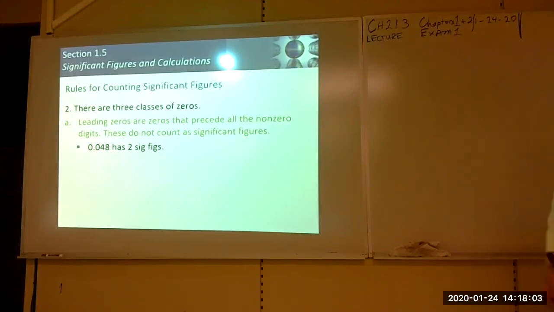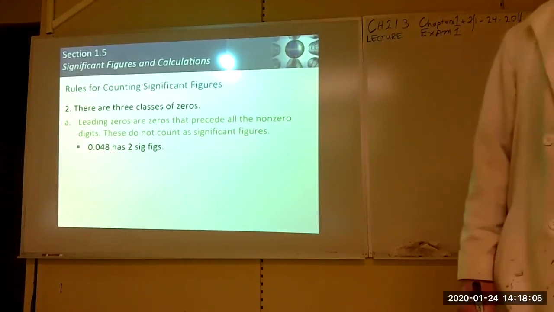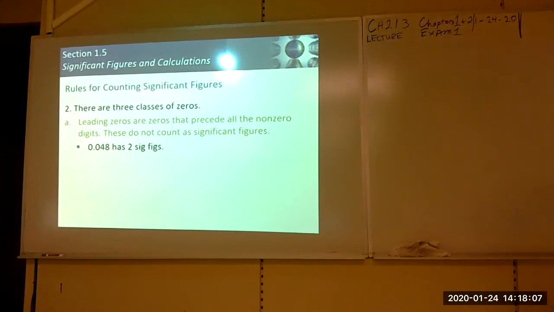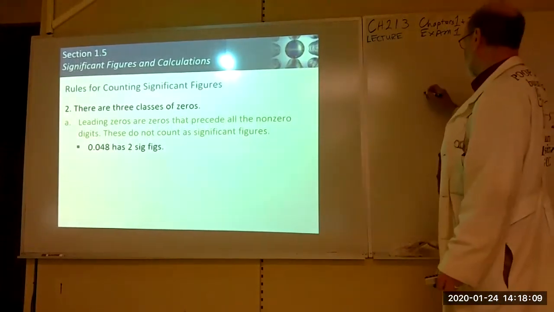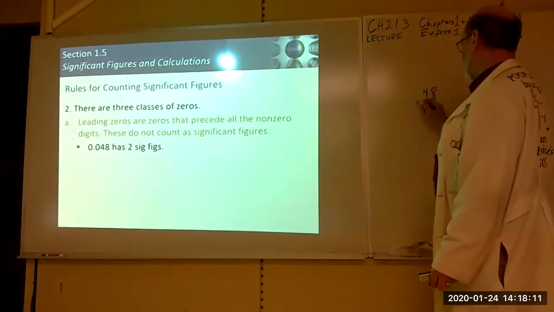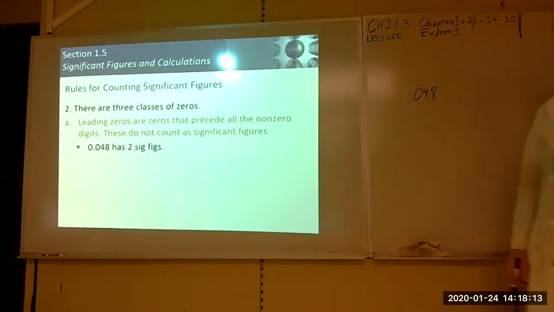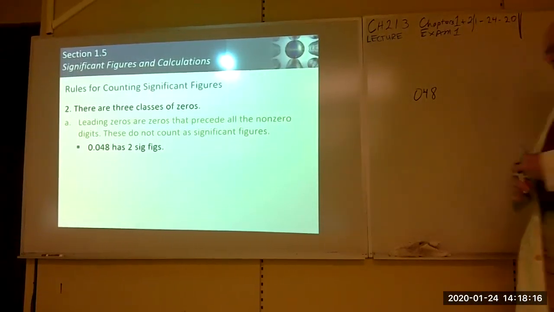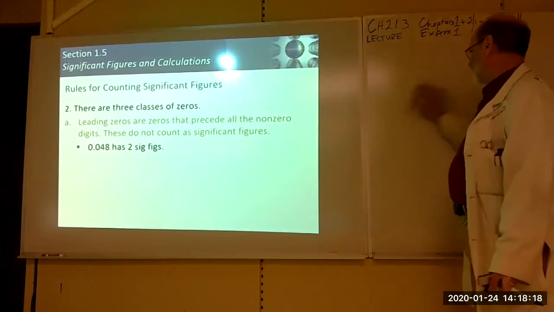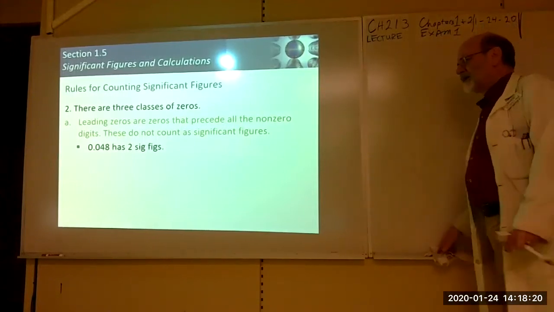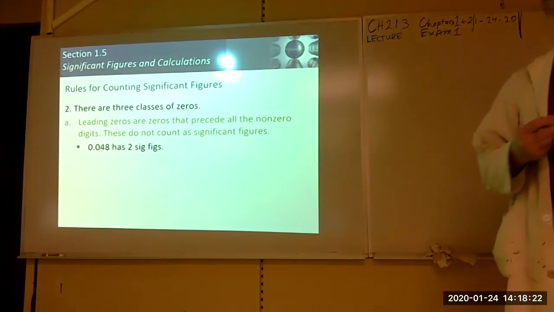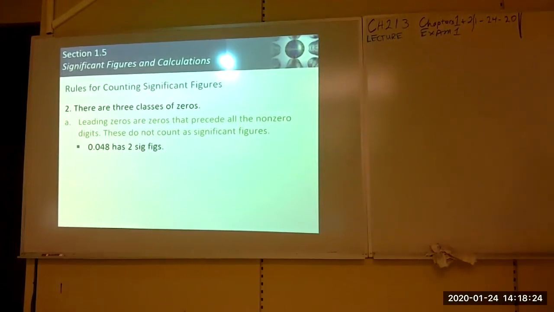Actually, you're going to have a decimal because nobody puts leading zeros on a non-decimal number. Right? I wouldn't say this number was 048. And it makes sense. So leading zeros are not significant ever.